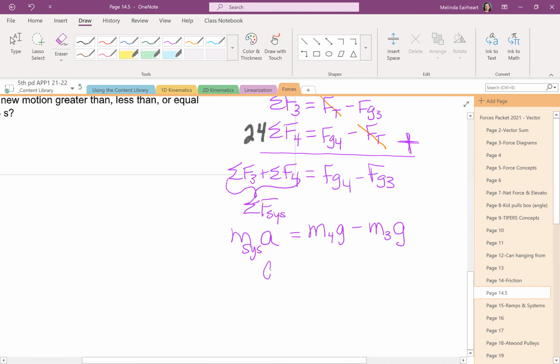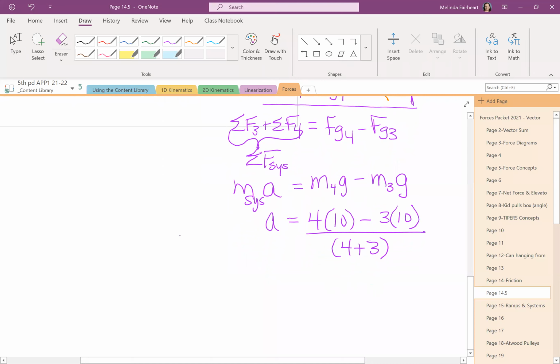And to get this acceleration of the system, at least initially, before the Twizzler's gone, then I would have 4 times 10 minus 3 times 10, all divided by, you got to solve for acceleration, you got to divide by the system mass. And yes, I know we all know what 4 plus 3 is, but I'm going to go on and show it.